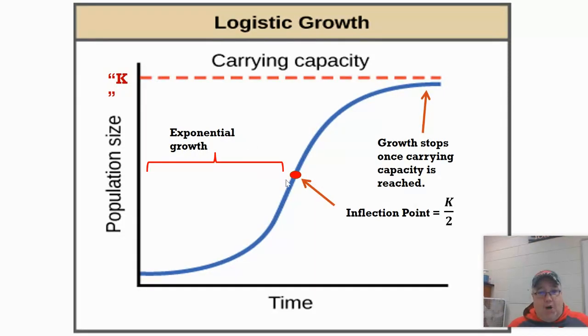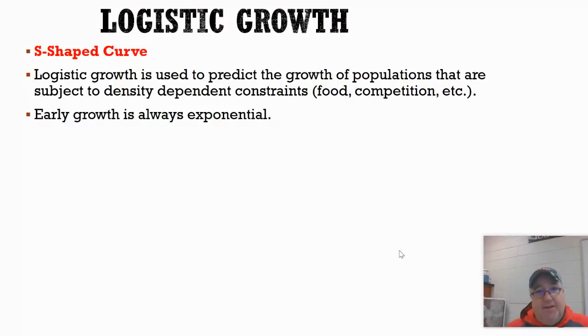Well, if you wanted to determine what the inflection point is, just take your carrying capacity and just divide it by 2. You'll notice it's right here in the middle of this y-axis. So whatever this carrying capacity is, exactly half of it will be that inflection point. Okay, so it's a little bit of math, but not too difficult.